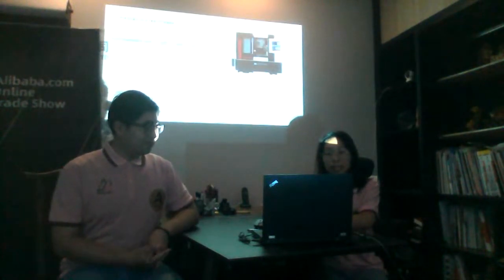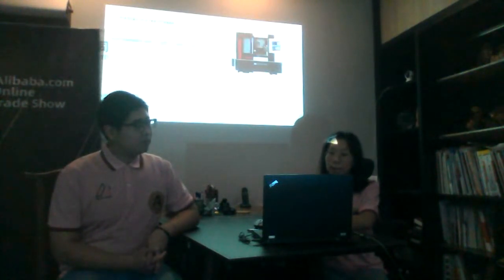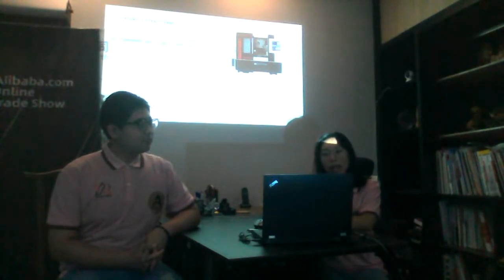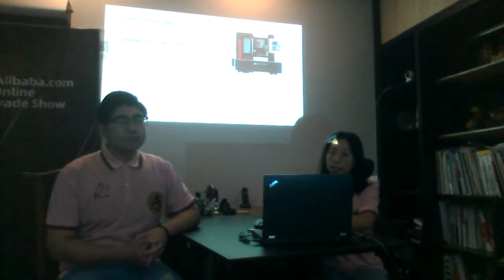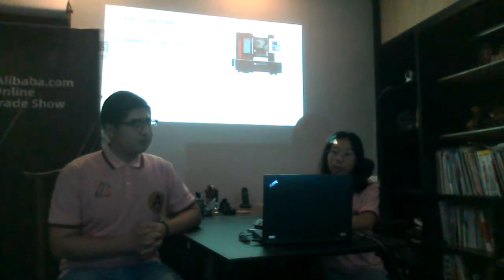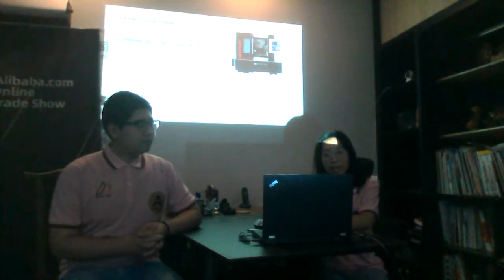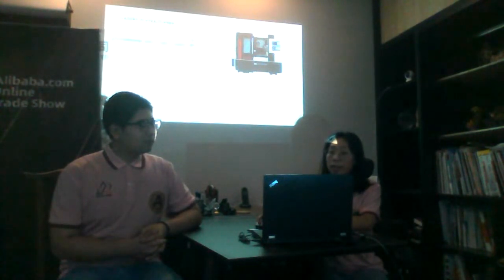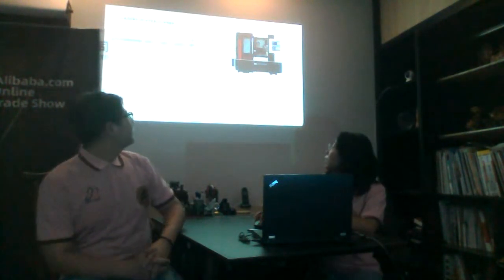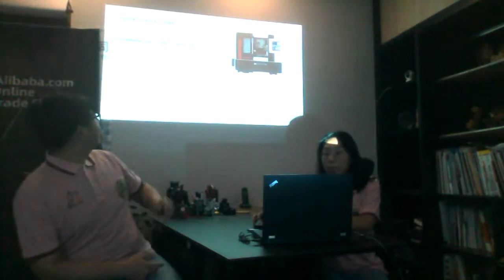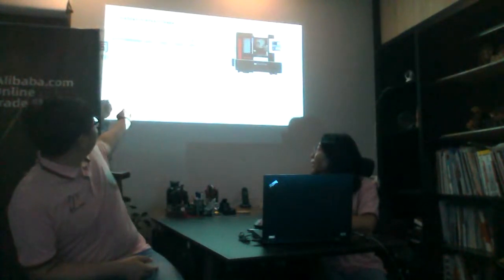Okay, the first is the slant bed and linear guide CNC lathe, and the universal models are TCK50AY, TCK56A, TCK668, and in the PPT we can see the parameters very clearly.